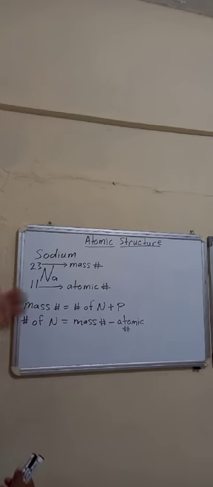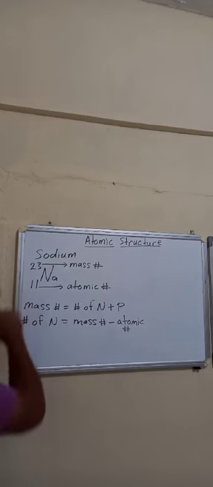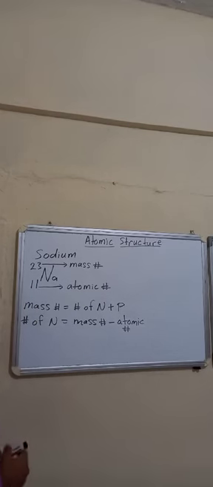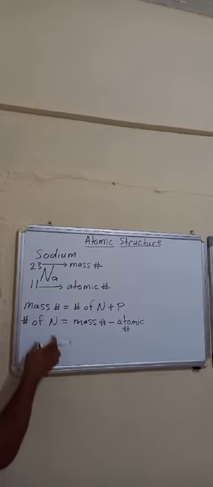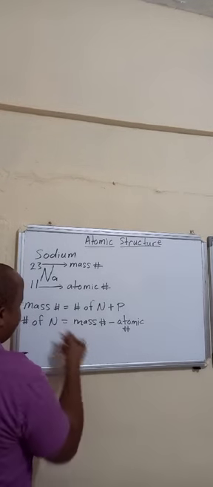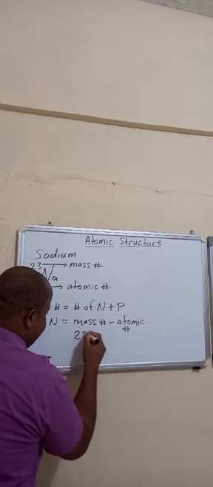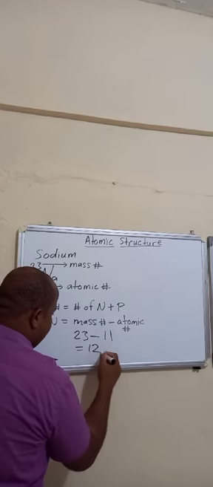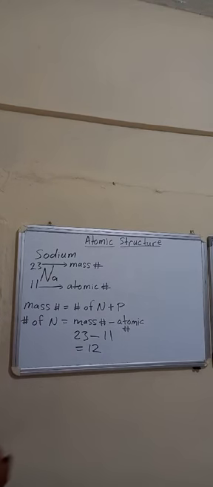For example, the atom of sodium. We know the mass number is 23 and the atomic number is 11. To find the number of neutrons, it would simply be 23 minus 11, which is equal to 12. So we know that the atom of sodium has 12 neutrons and 11 protons.